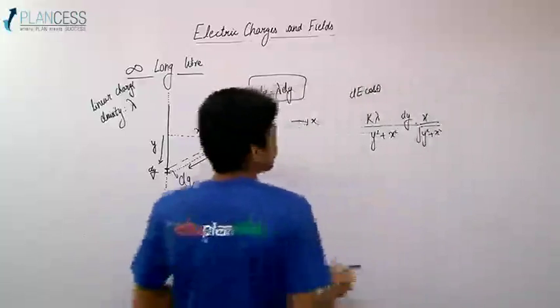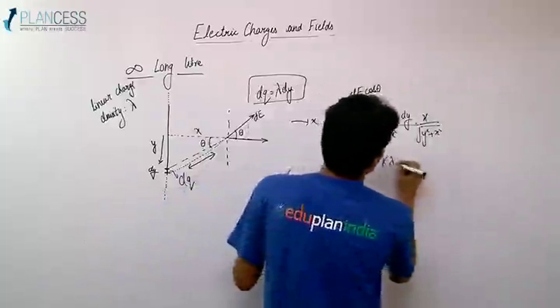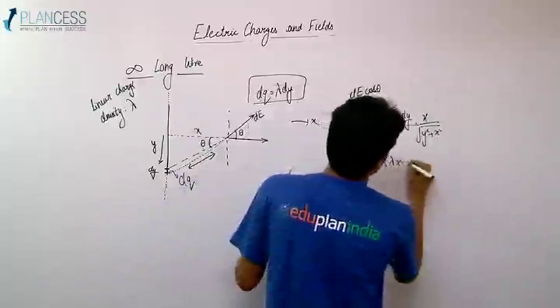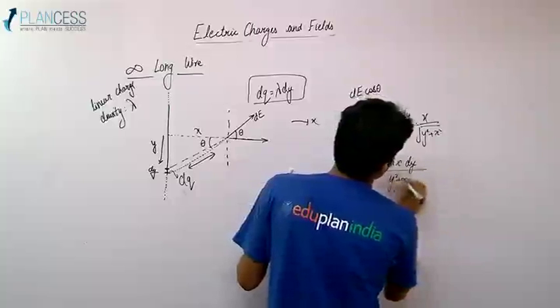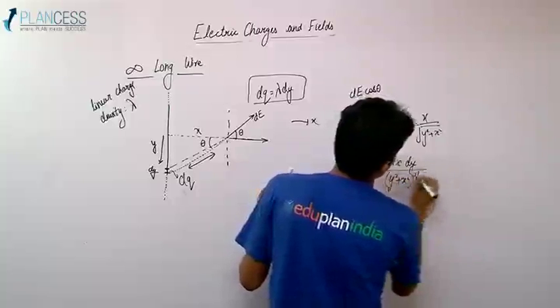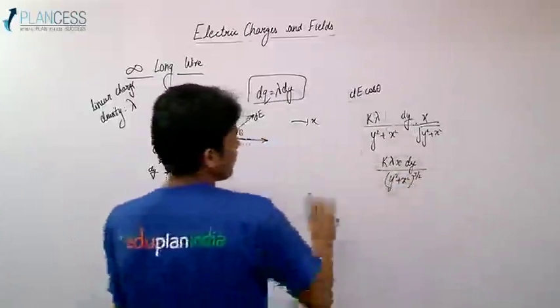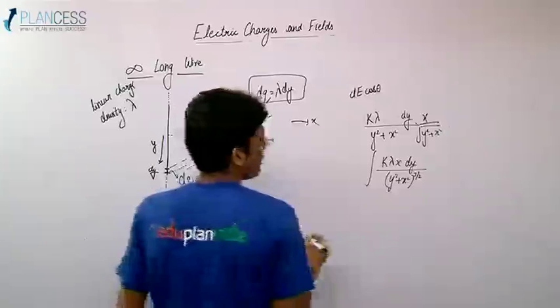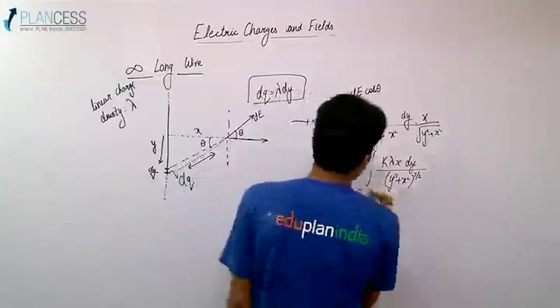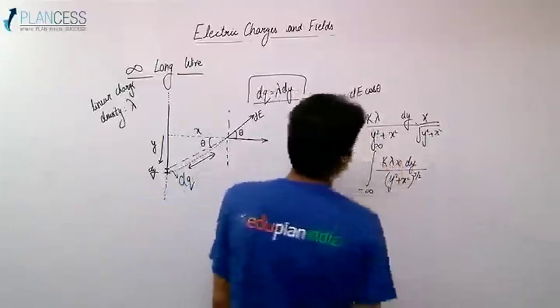So the formula comes out to be k lambda x dy upon y square plus x square whole to the power 3 by 2, and we have to integrate it to find the value, with dy integrated from minus infinity to plus infinity.